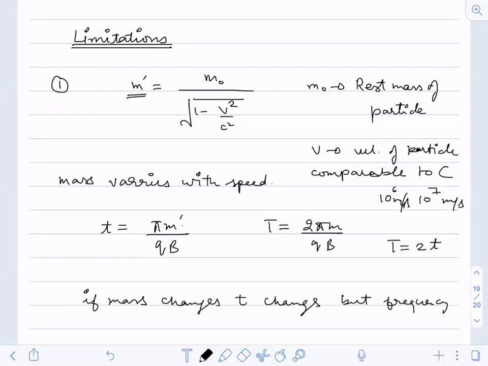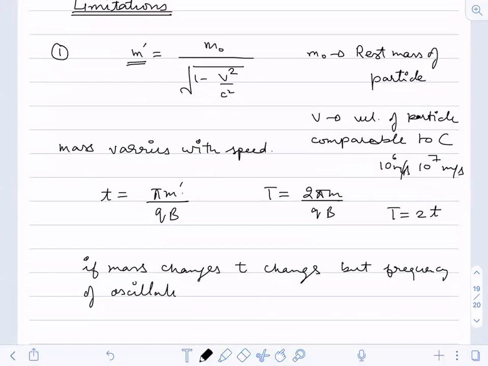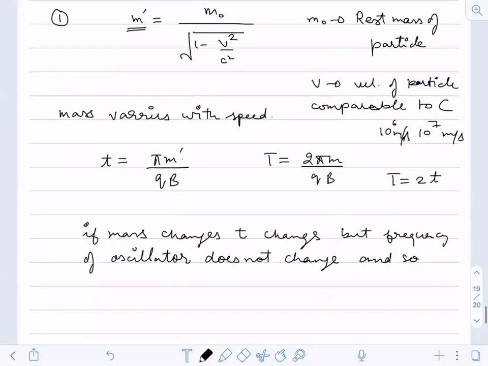So if the mass changes, T changes, but the frequency of the oscillator does not change. What will happen? Everything will become chaotic. You will not get a proper velocity or a proper acceleration, and everything does not happen properly.